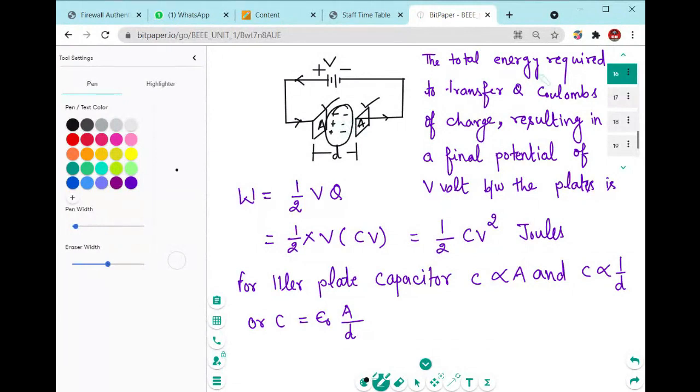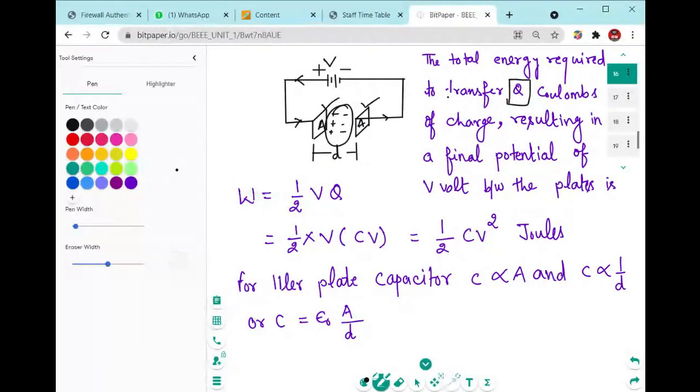This is the total energy required to transfer q coulombs of charge, resulting in a final potential of V volts between the two plates. How can we find this work done?